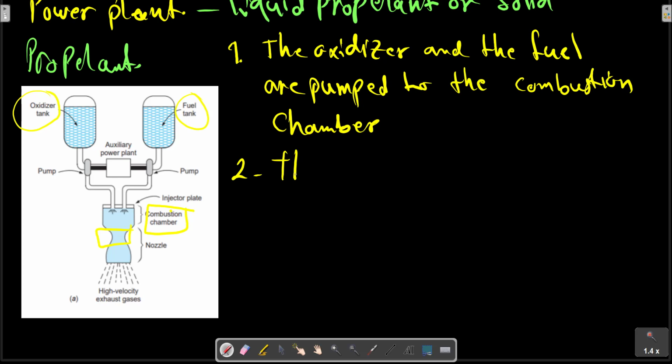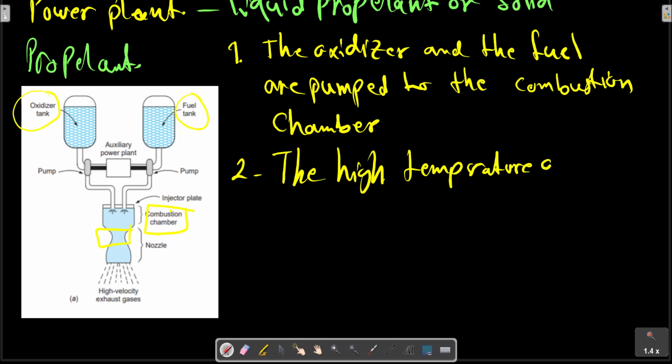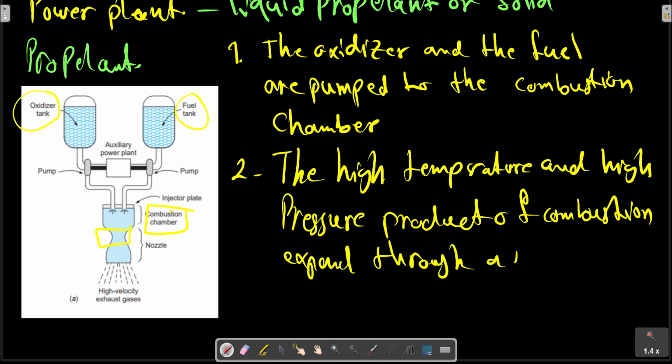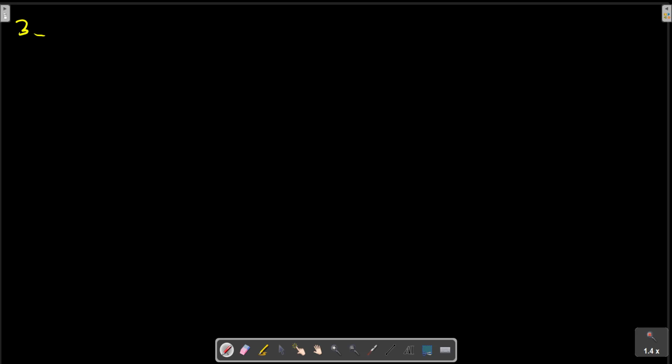The high temperature and high pressure gas product of combustion expand through a nozzle, as shown also in the picture here, and as a result they leave the nozzle with a high velocity.